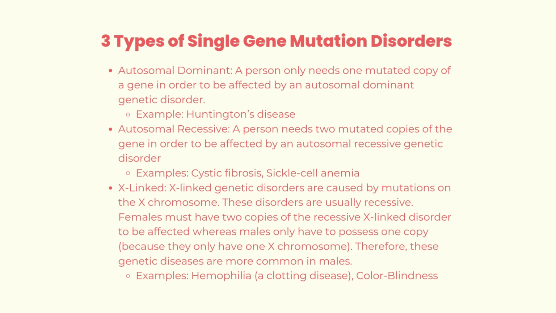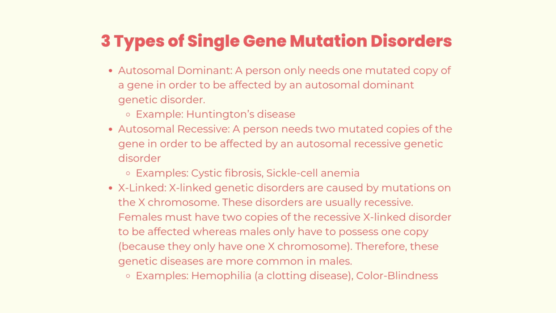So again, there are 3 different types of single gene mutation disorders that we could put these under. As to how genetic disorders are inherited, they're going to follow a specific pattern of inheritance based on how the affected gene is passed from parent to offspring. And these could either be autosomal dominant, autosomal recessive, or X-linked.